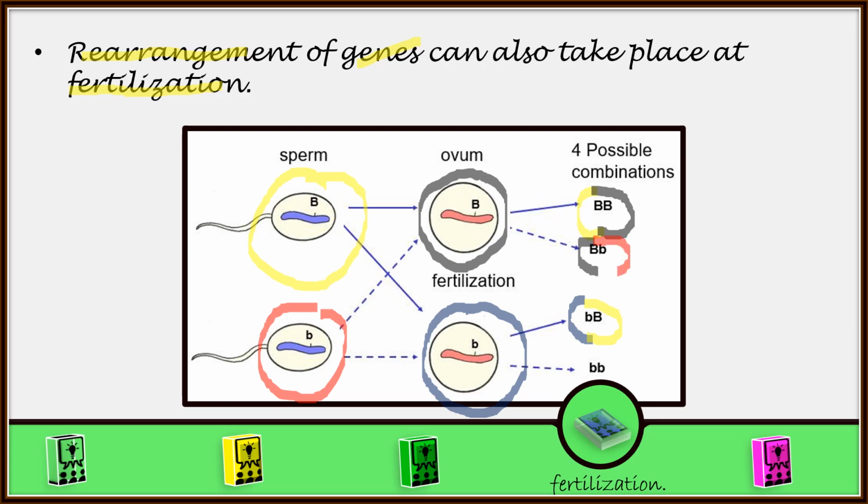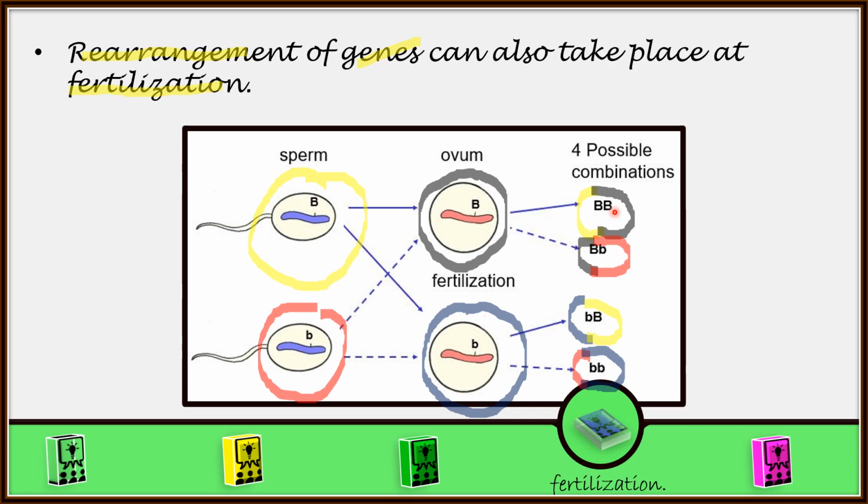That is going to be our combination there. Now, if this sperm goes with this ovum here, both of them are small b, so we are going to get smaller b and the other smaller b. Those are the 4 possible combinations.